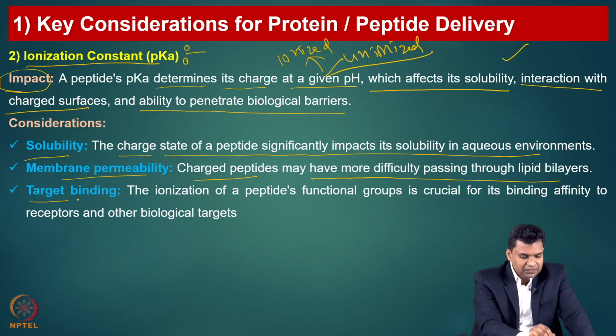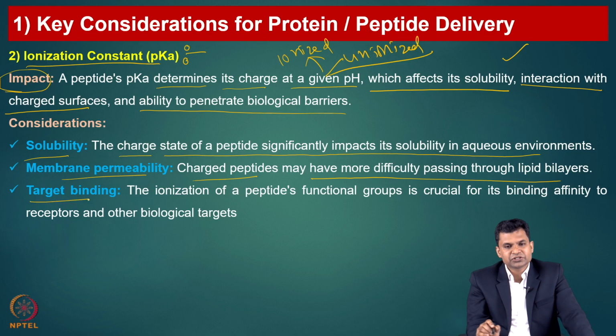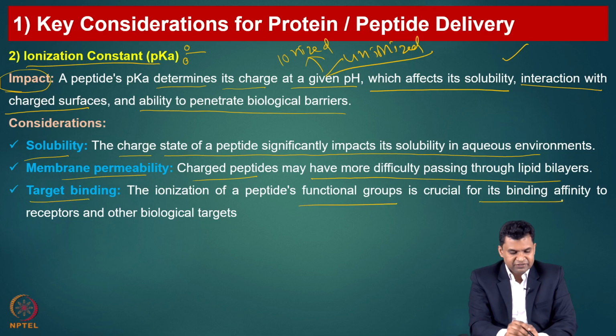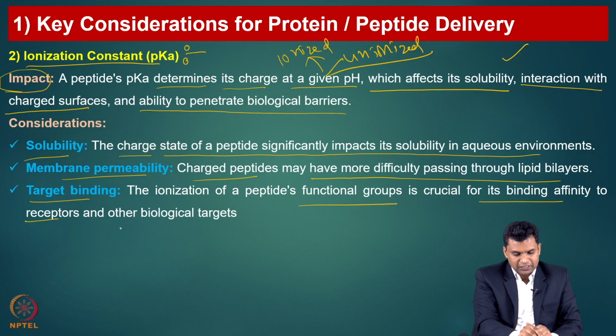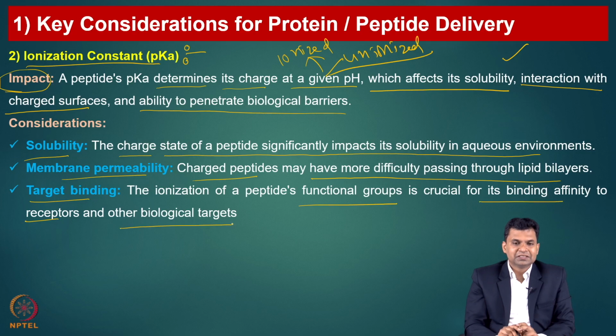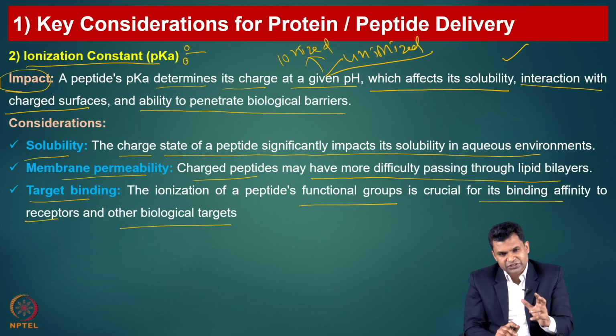And the third one is target binding. The ionization of a peptide's functional groups is crucial for its binding affinity to receptors as well as other biological targets. Ionization depends on the particular pH.